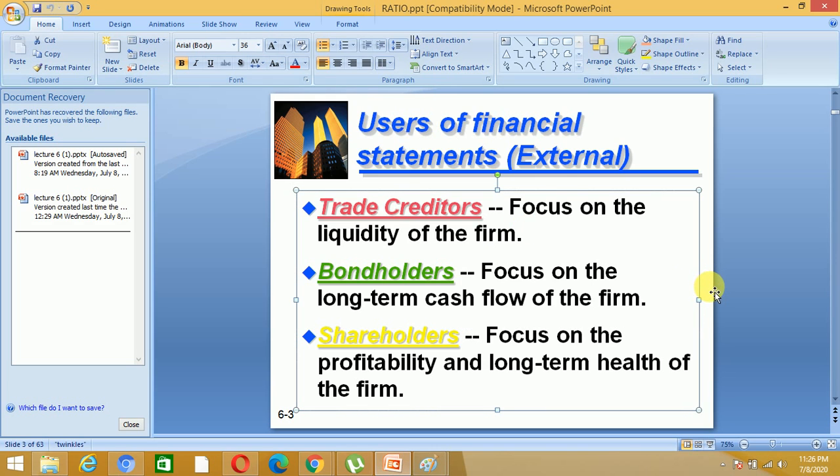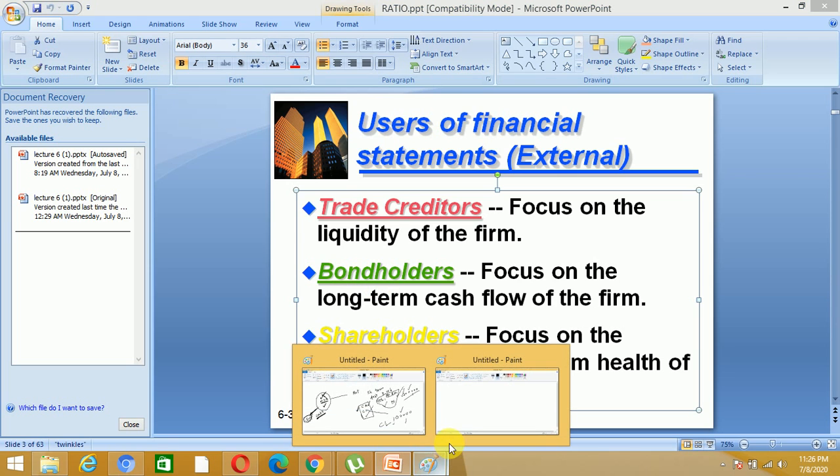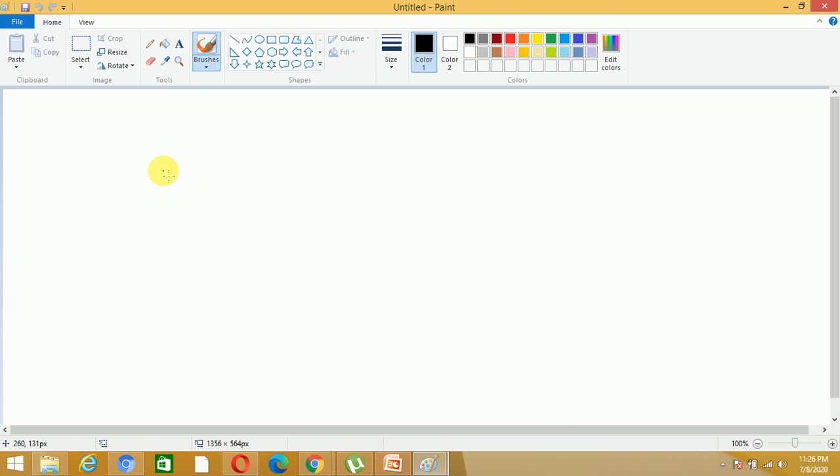Then the next external users of financial statements are bondholders. Who are bondholders? Or what is a bond? Suppose here is a company. They need money, that is, they need $1 million.